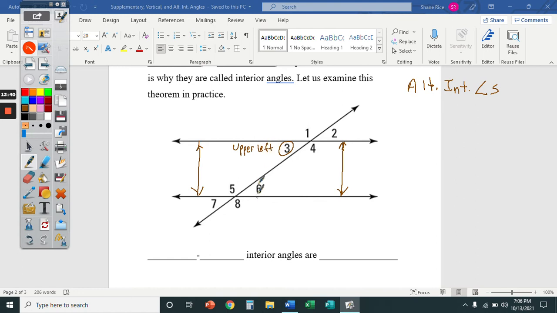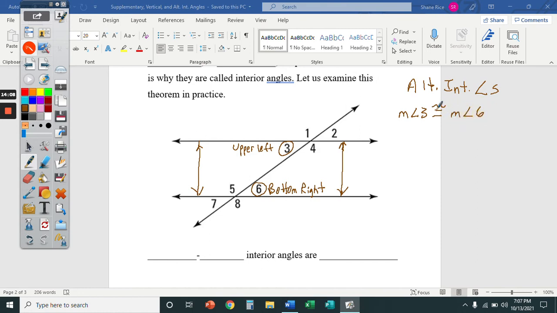So this is on the upper left side. So I want to see the one that's on the bottom right side. That is the alternate interior angle. So angle 3 and angle 6 are congruent. So the way we write that is the measure of angle 3 is congruent to the measure of angle 6.